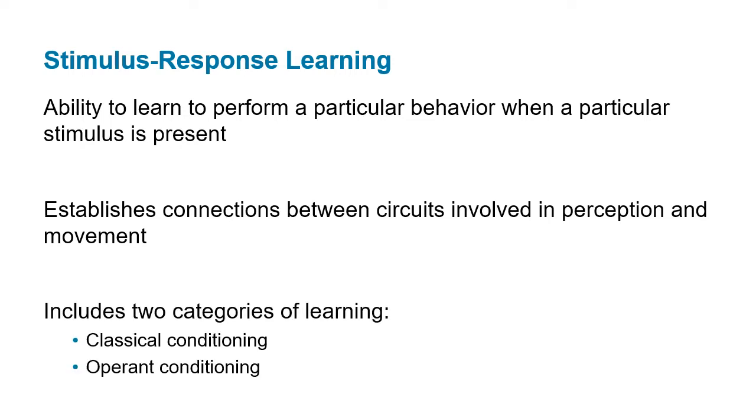And the 2 different categories for stimulus response learning are those 2 typical ones when it comes to learning: operant conditioning and classical conditioning. We'll look at each of those in detail, but you should know them for the most part from other classes.